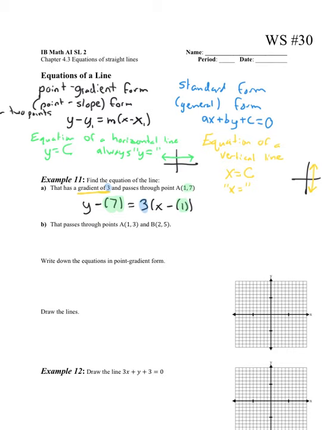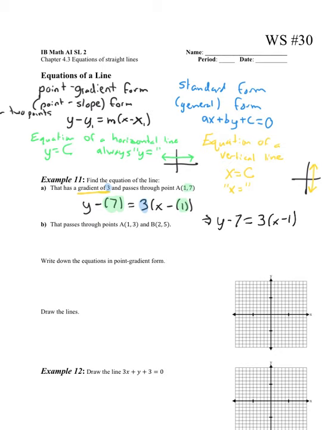And I don't want to forget that. Or I do x minus negative 1 if it was a negative 1. So here I put them in parentheses because then the next step would be just to remove the parentheses and rewrite it as y minus 7 equals 3 times x minus 1. And that's how I can leave it. That's the equation of a line, and that's in point slope form right there.